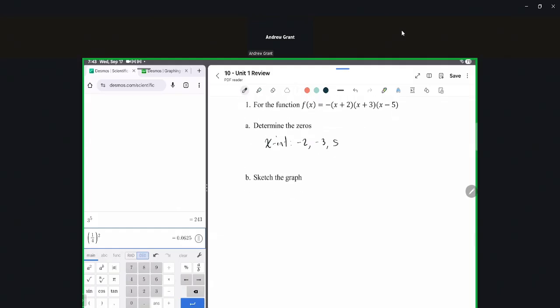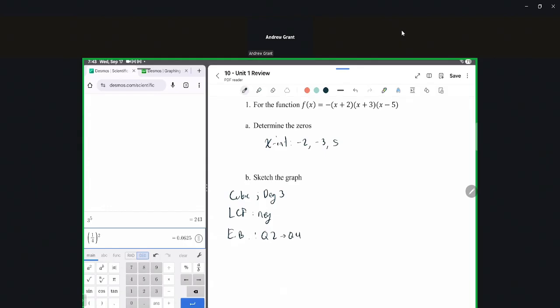We need to sketch this graph. We note that this is a cubic, meaning that it's a degree 3, and it has a leading coefficient that's negative, which means it'll have end behavior from quadrant 2 to quadrant 4. So note, if you want a review of how we saw this, make sure to check out the lesson on lesson 5.